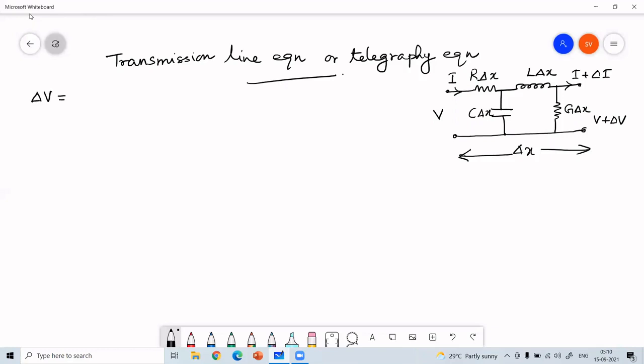Delta V is equal to, according to Ohm's law, the potential difference is equal to current into resistance.